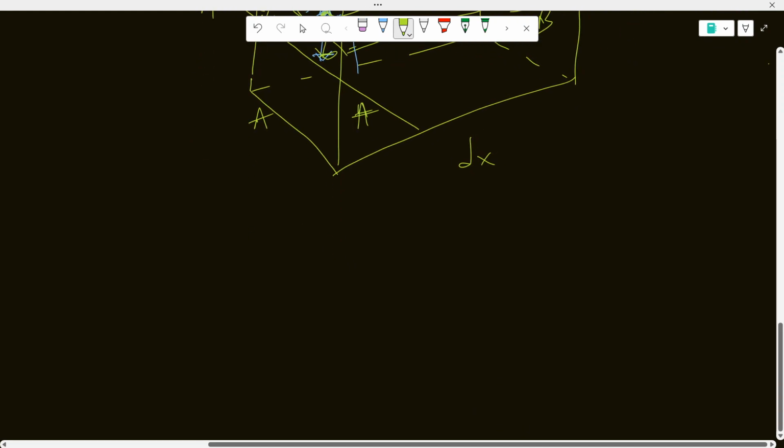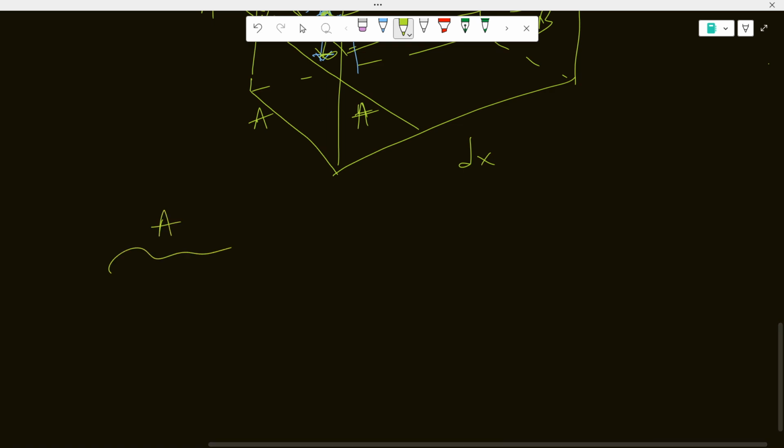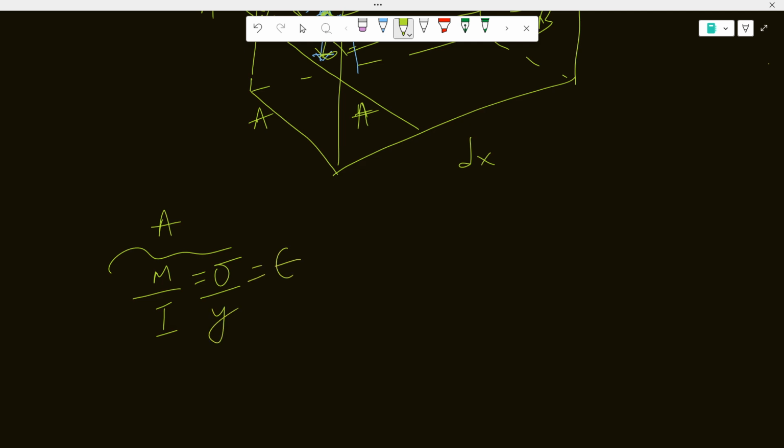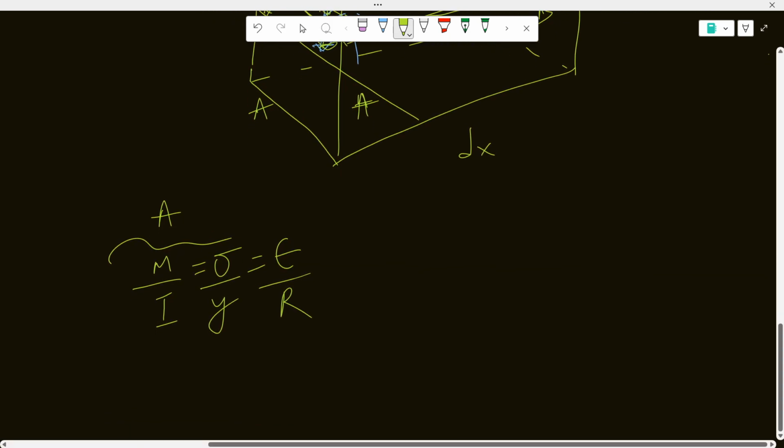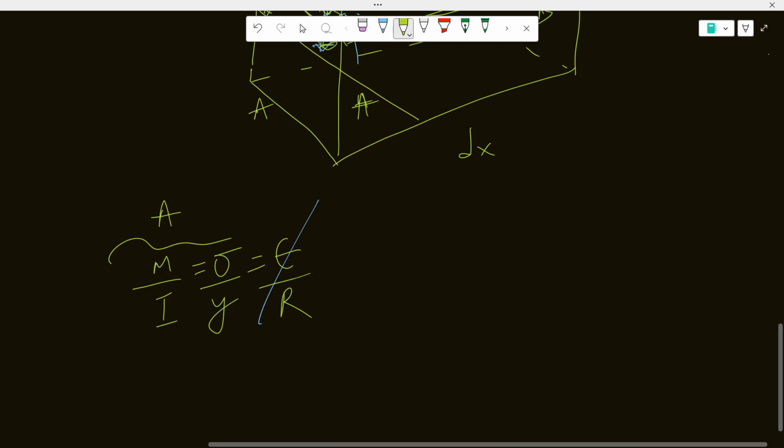At cross section A, now I'll be using my bending equation, M over I is equal to sigma over y. Everything just links. I can now see the importance of last session. I won't be needing this one; I'll use this, which is what I have.